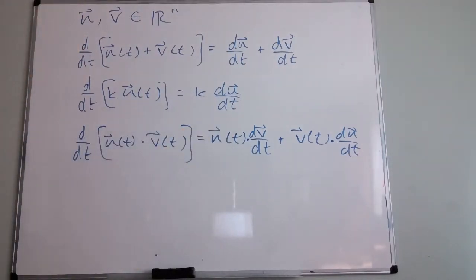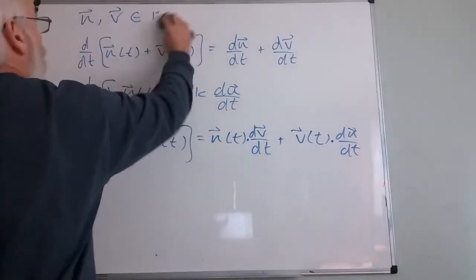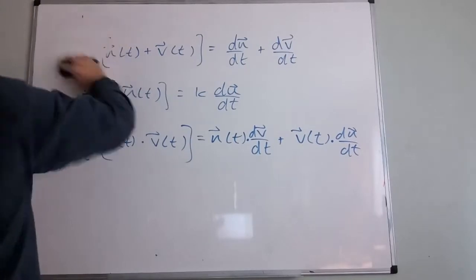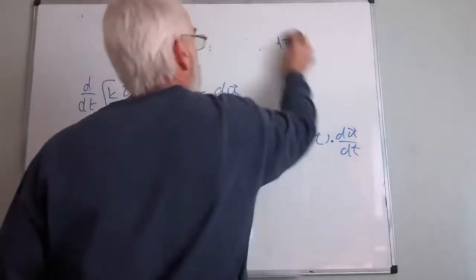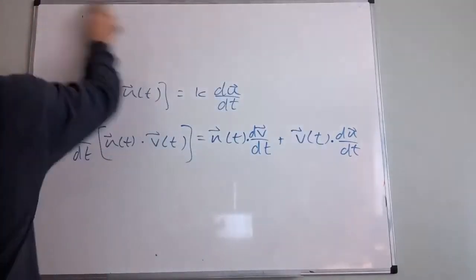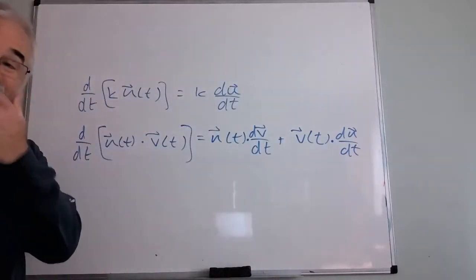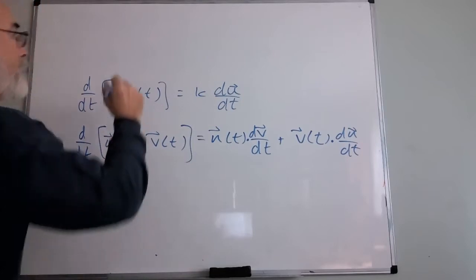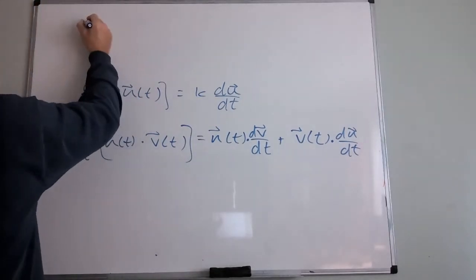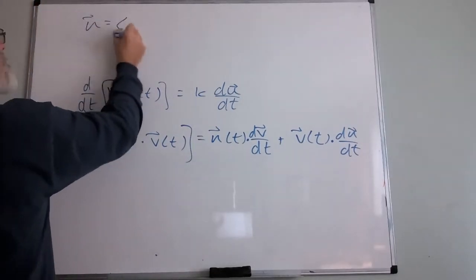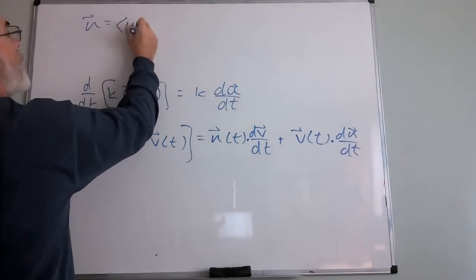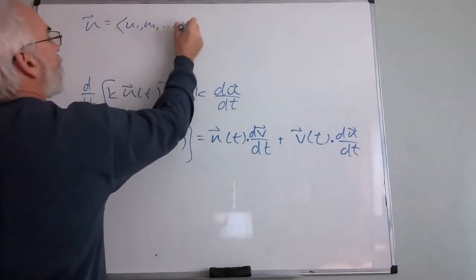Now, what can we do with some of these rules? Well, let me go back to something we did last week. When we did the projection, there was something that I did, and I didn't really go through it heavily. But if I said, consider vector u being u1, u2, dot, dot, dot, un.